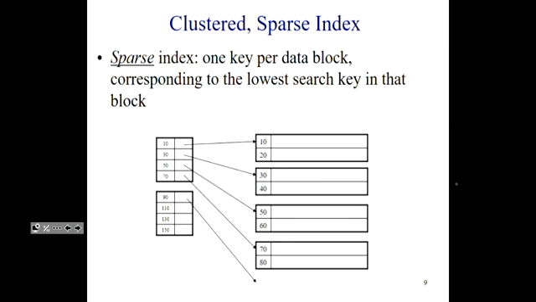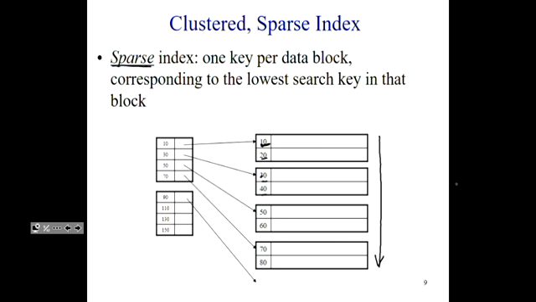Okay. So let's look at the other variants, the clustered sparse index. So the clustered sparse index would be, once again, it's clustered, so it's ordered by the search key attribute. But it's a sparse index, so you are not storing a pointer for every single tuple or every single unique value.